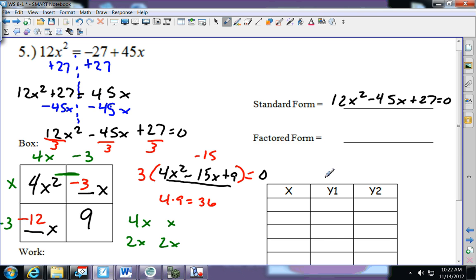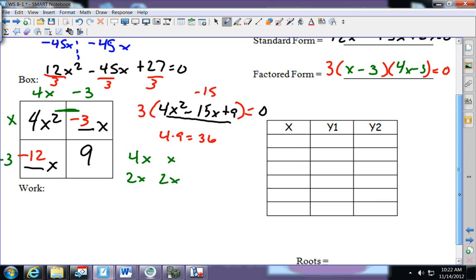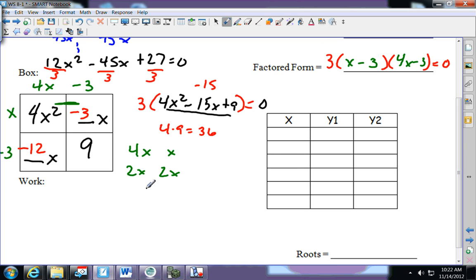Don't forget that 3 like I did the last time. And I have x minus 3 and 4x minus 3. For my roots, I'm going to take x minus 3, set it equal to 0, and 4x minus 3 equal to 0.